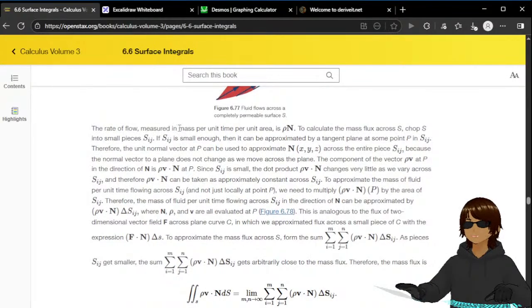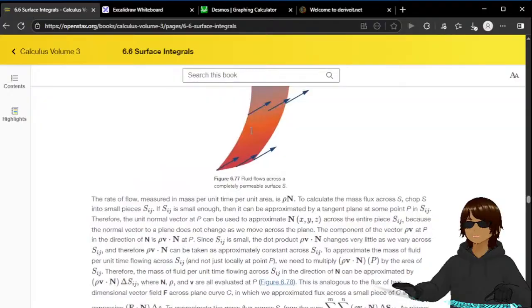The rate of flow measured in mass per unit time per unit area is rho v dot n. To calculate the mass flux across S, chop S into small pieces Sij. If Sij is small enough, it can be approximated by a tangent plane at some point P in Sij. Therefore, the unit normal vector at P can be used to approximate n across the entire piece Sij, because the normal vector to a plane does not change as you move across the plane.